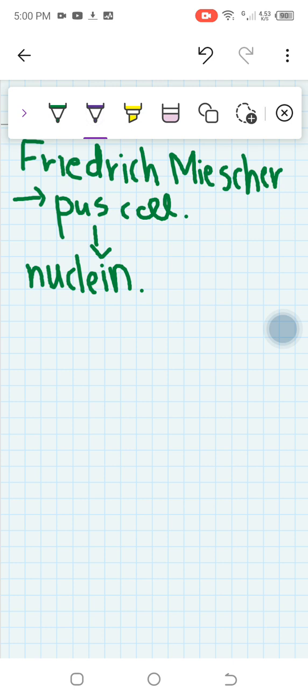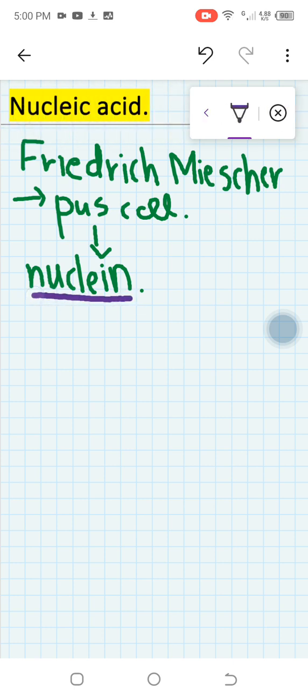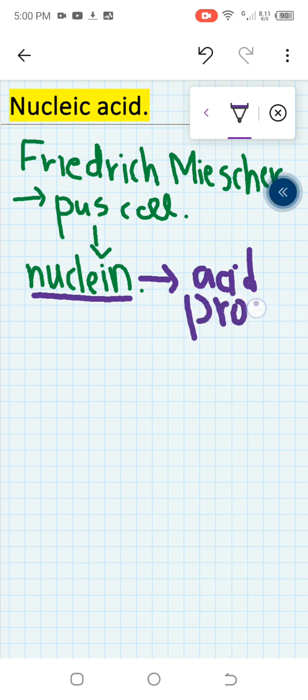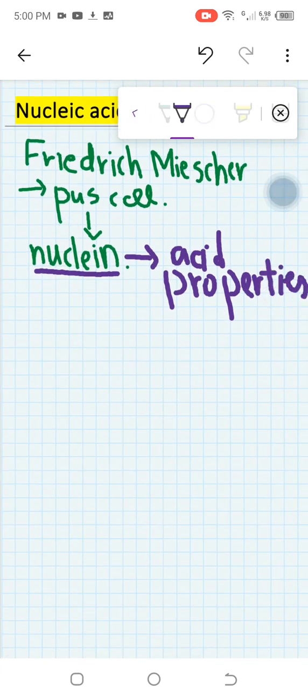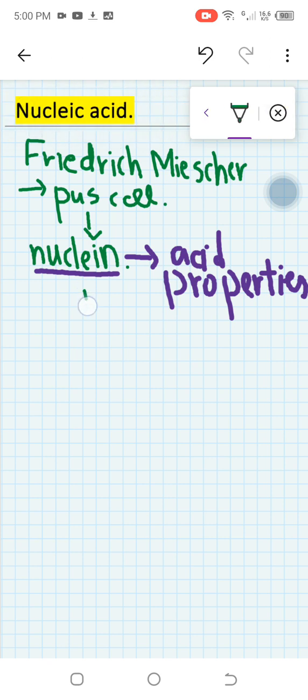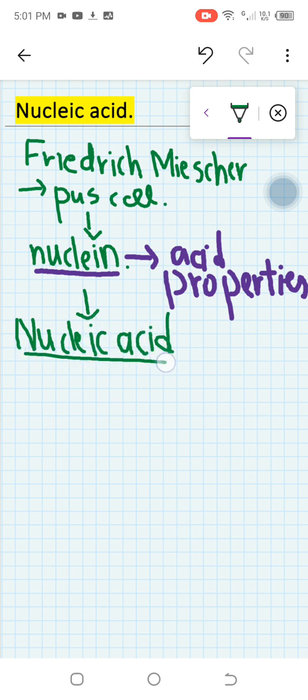When they did the study on this nucleine, they found that it had acidic properties. So they named it nucleic acid.